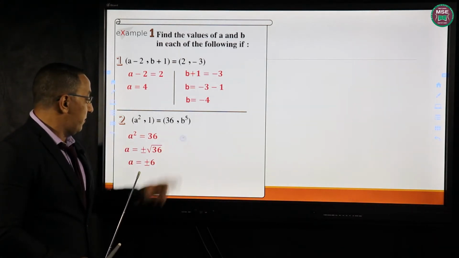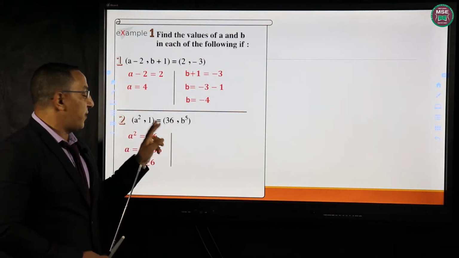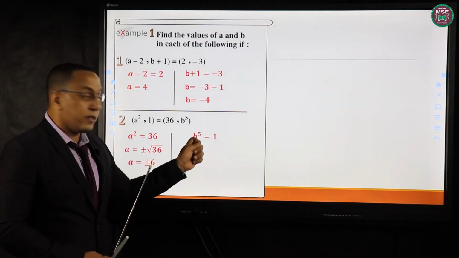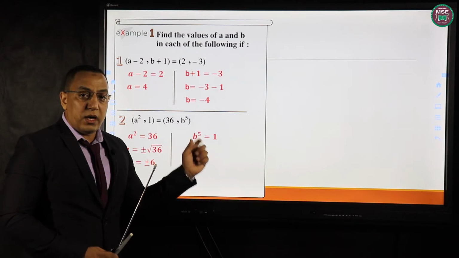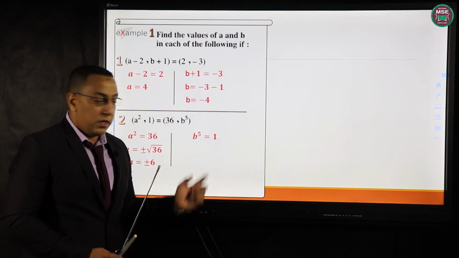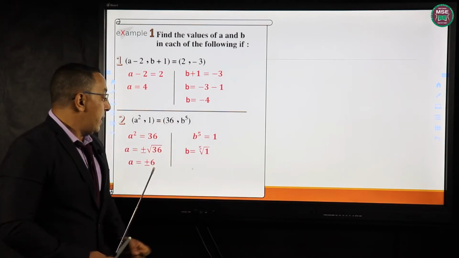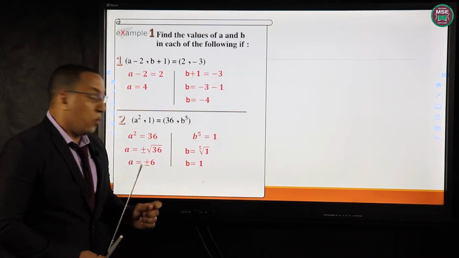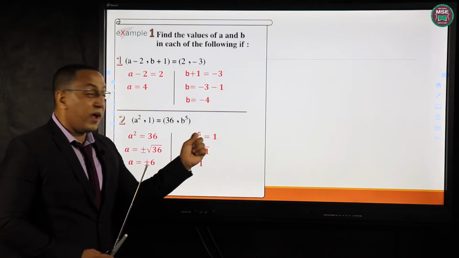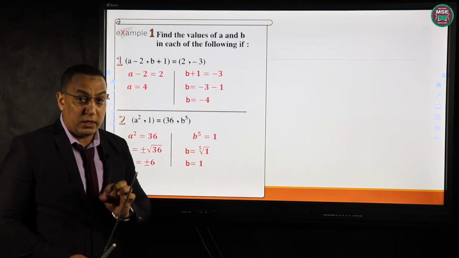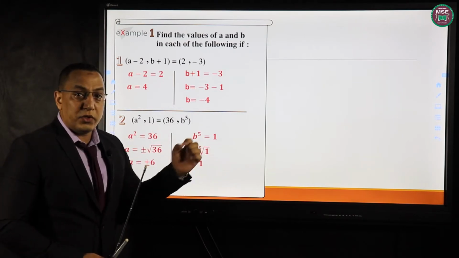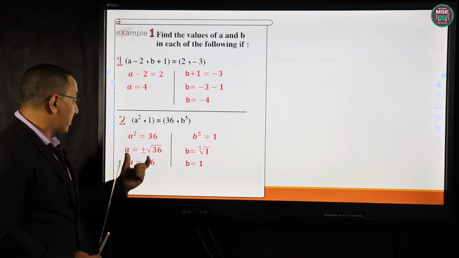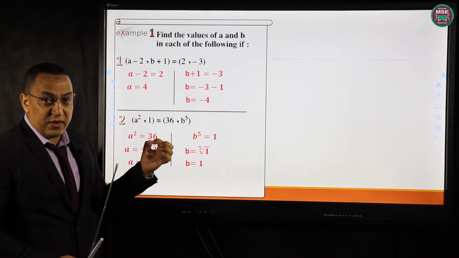The other equation, b^5 equals 1. To cancel the power 5, we take the fifth root of both sides. So b equals the fifth root of 1, which equals 1. Here, because 5 is an odd power, we don't need to write negative or positive. We just need to write negative or positive if we have an even power.